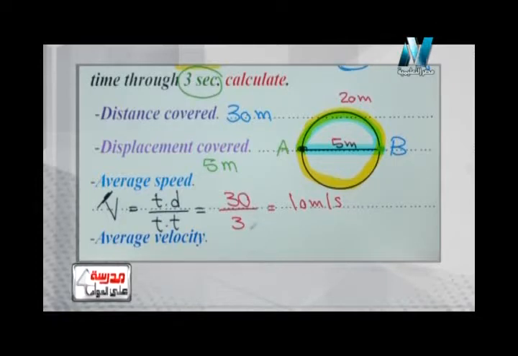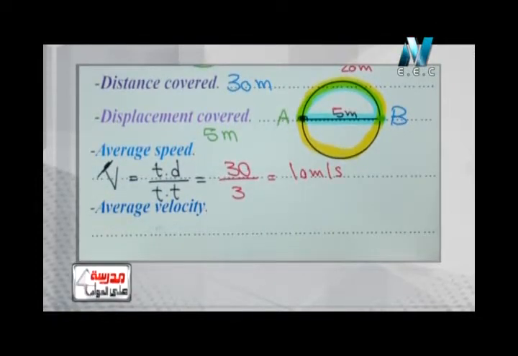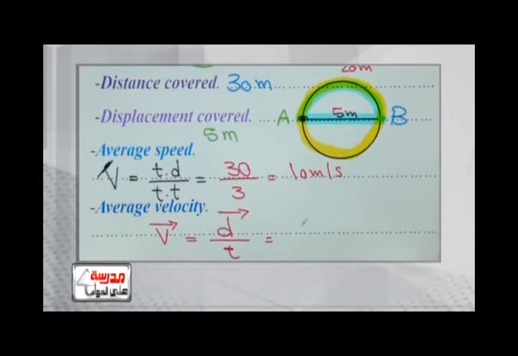Then the average velocity. Of course we know velocity, V arrow, means displacement over time. We have a great difference between velocity and speed. Velocity is displacement covered through time units.